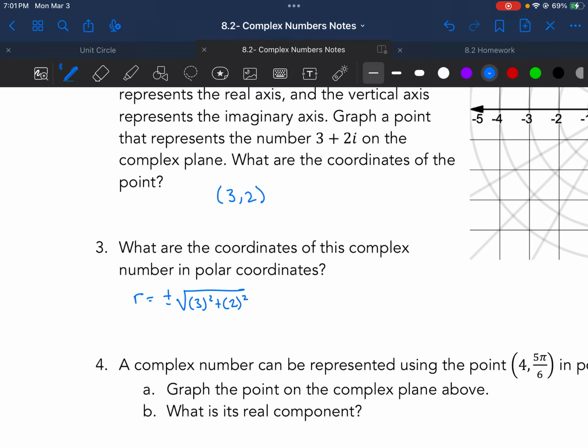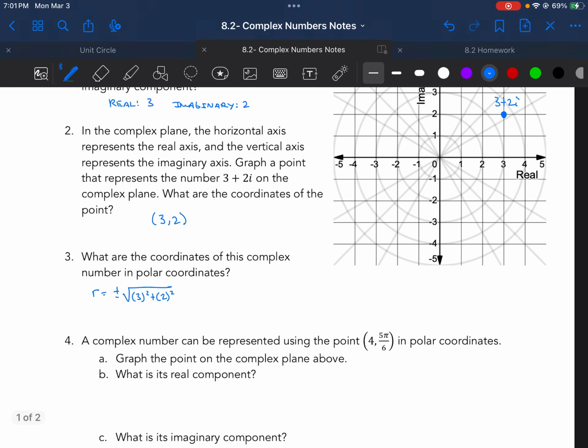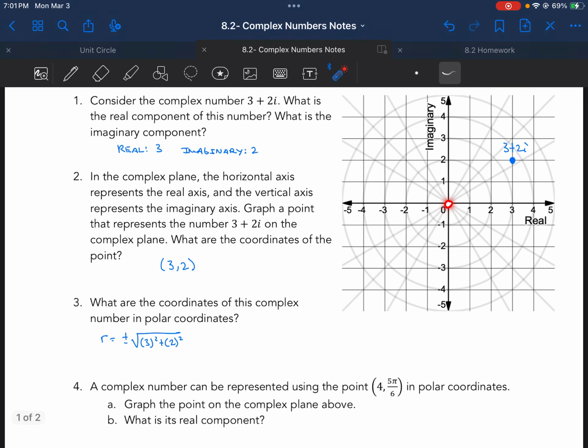Because remember, this is giving us the distance from the origin, okay? We're finding the distance from the origin right here. So we're still doing horizontal component squared plus vertical component squared, and taking the square root. It's just like Pythagorean theorem, okay?